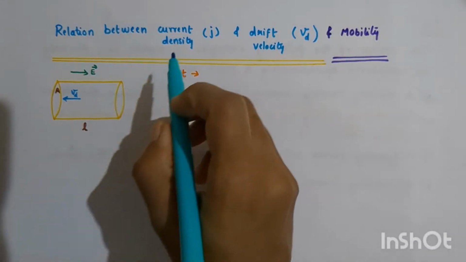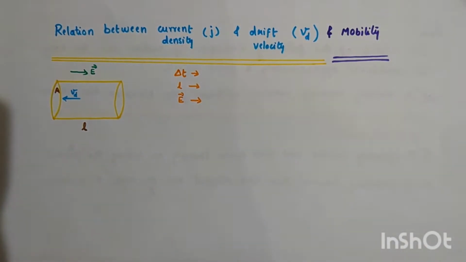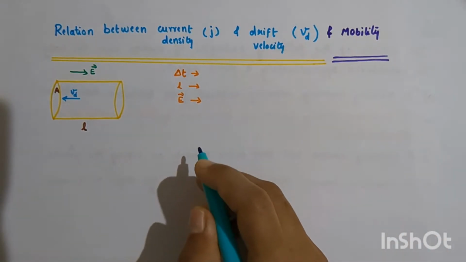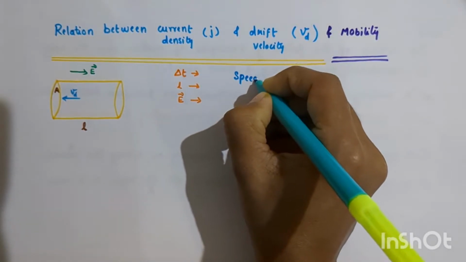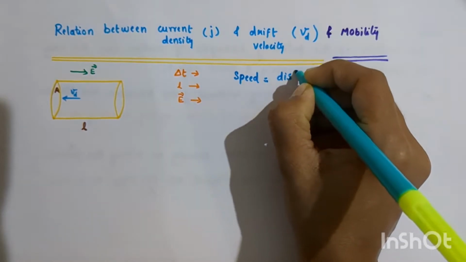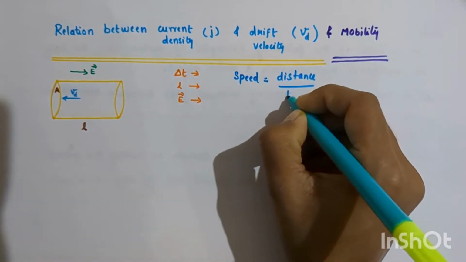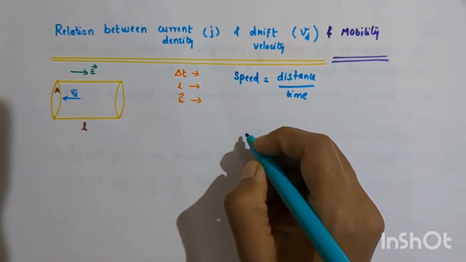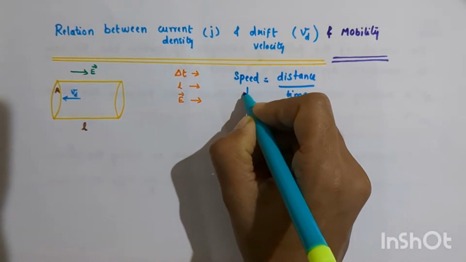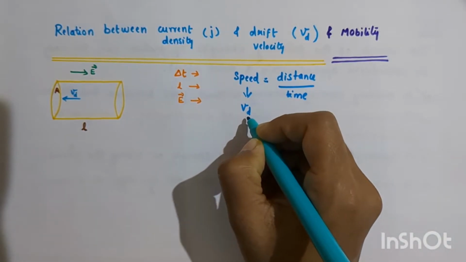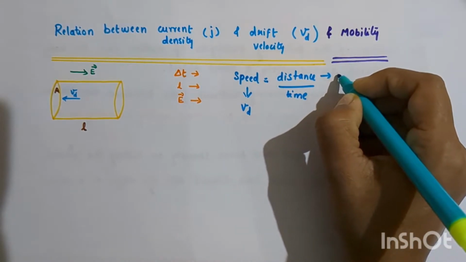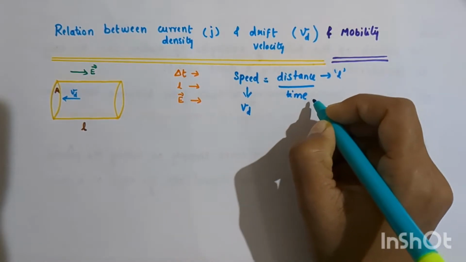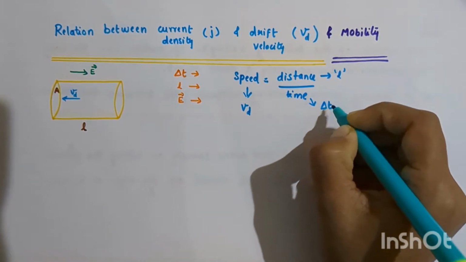So, here to get the relation between the current density and the drift velocity, I am going to use the simple formula for the speed. That is, we know that speed is equal to distance travelled divided by time taken. In our case, the speed is the drift velocity Vd, distance is the length of the conductor L, and I am taking the time taken as delta t.